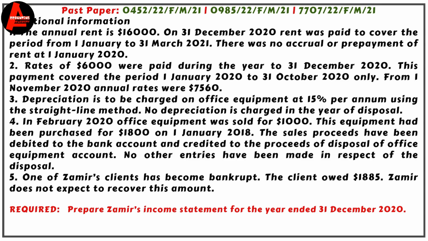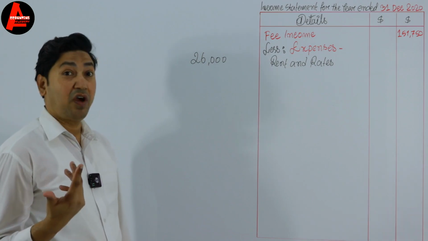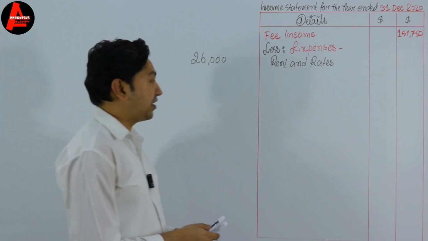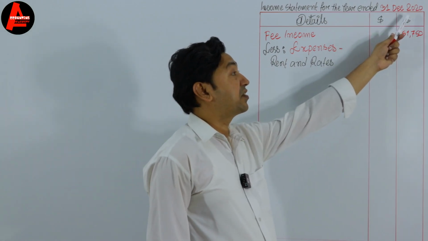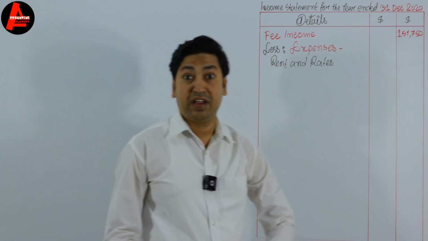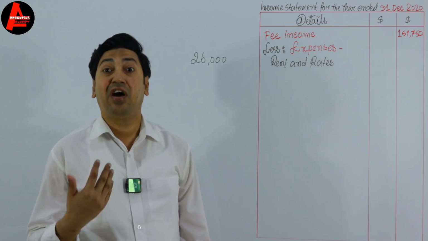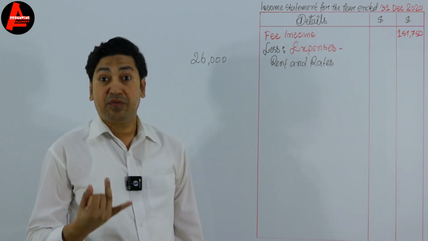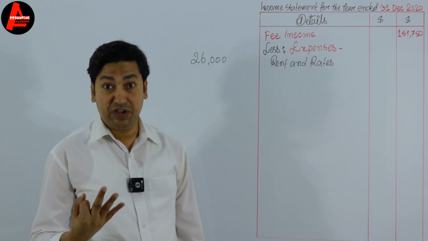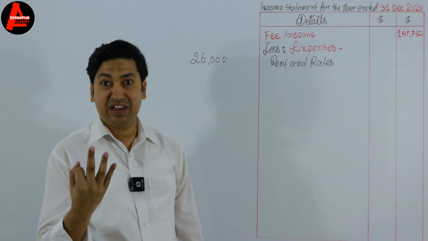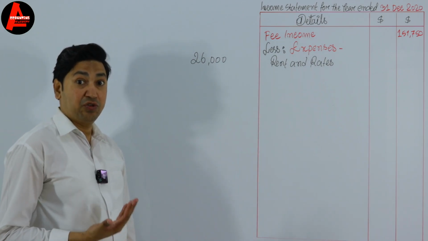Point to be noted: the rent is paid until 31st March 2021, but we are doing the income statement for the year ended 31st December 2020. So we paid rent in advance, for January, February and March. That is 3 months, so we need to calculate 3 months rent.